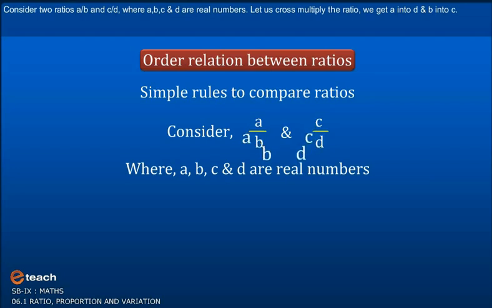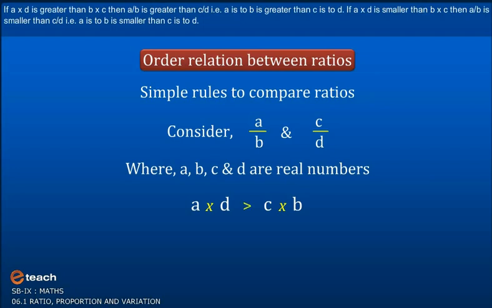Now, let us cross multiply the ratio and we get A into D and B into C. If A into D is greater than B into C, then A by B is greater than C by D. That is, A is to B is greater than C is to D.